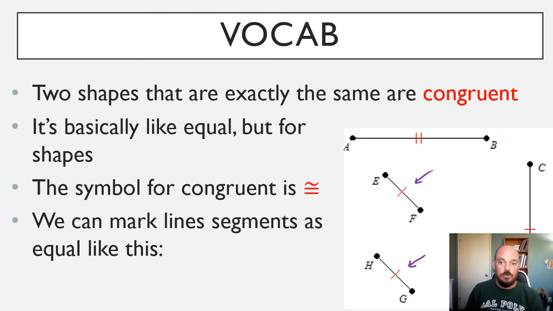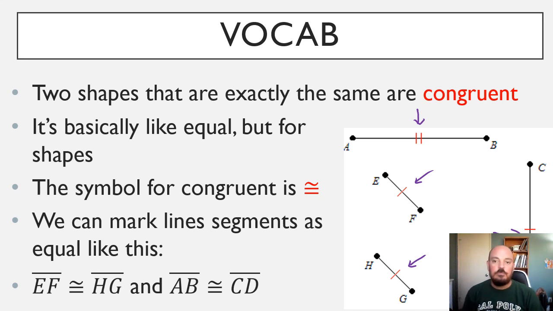They're equal, they're congruent. For the other ones, I wanted to tell you that the longer ones were congruent to each other, but they're different from EF and HG. So I put 2 marks on those. So 2 marks here and 2 marks here mean those two are congruent also. I would say line segment EF is congruent to line segment HG because they each have 1 little mark on it.